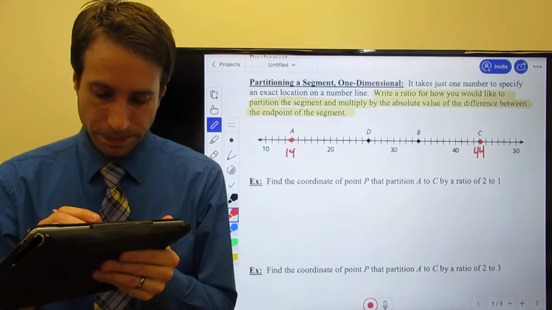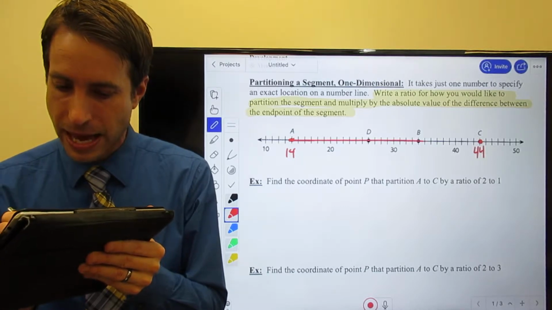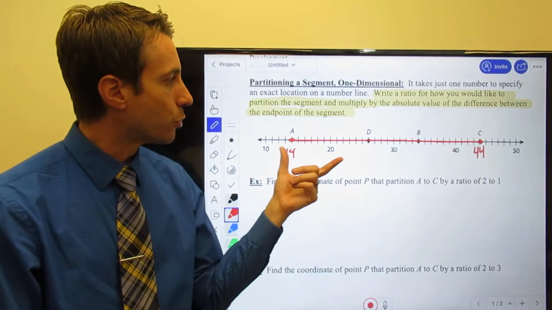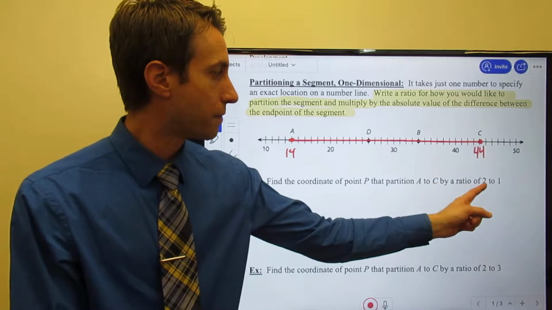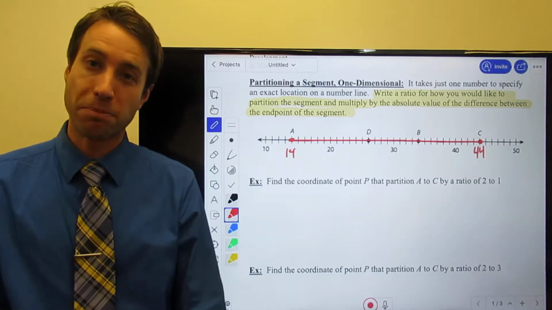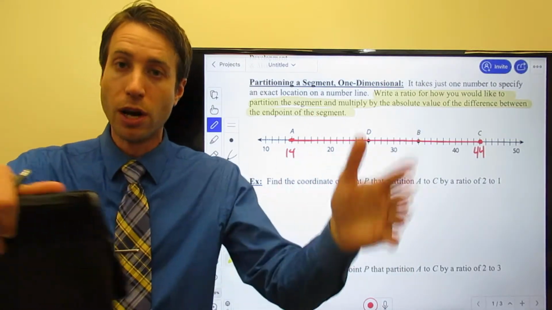So, here we go. This line segment right here, in red, is the line segment A to C. I want you to partition that line segment into a ratio of 2 to 1. And we'll know that ratio by finding the point P that splits that line segment into a ratio of 2 to 1.